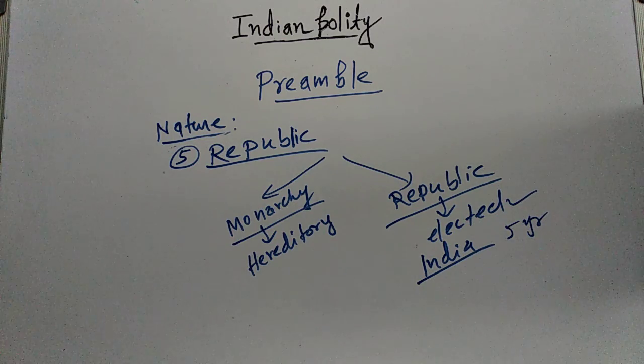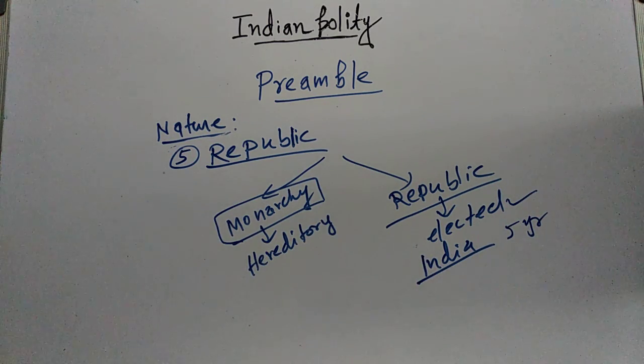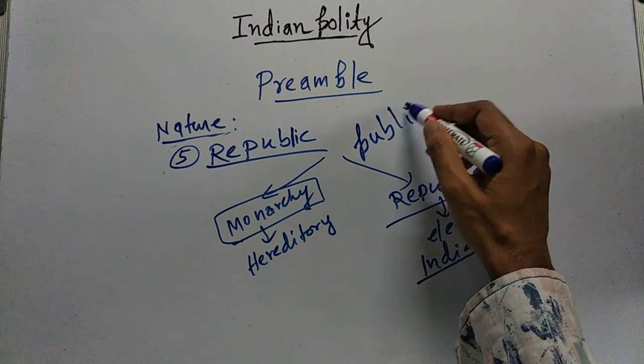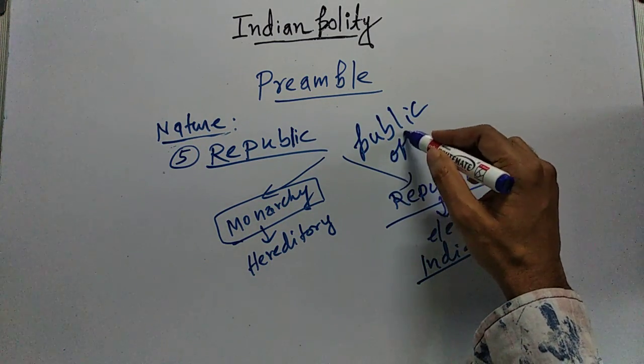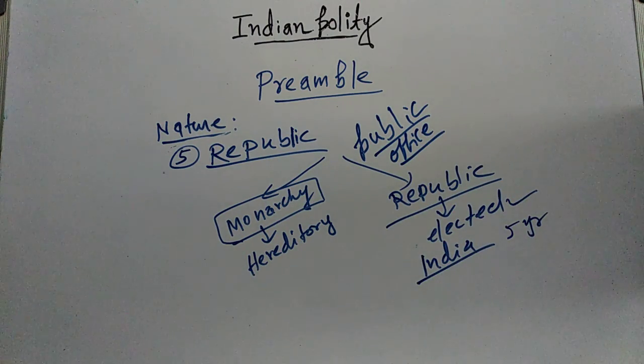But in Britain, the head of the state enjoys a hereditary position. And there is also another meaning of republic: every public office in the country is open to every citizen without any discrimination. That means there will be no discrimination in occupation of a public office by any citizen.